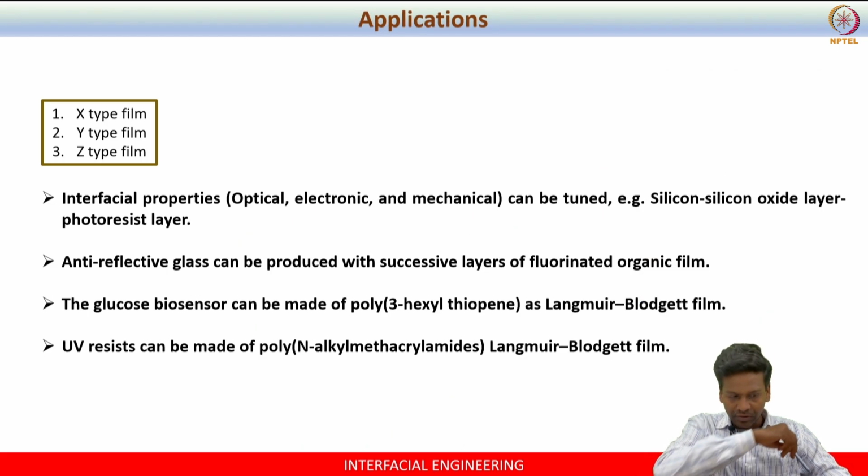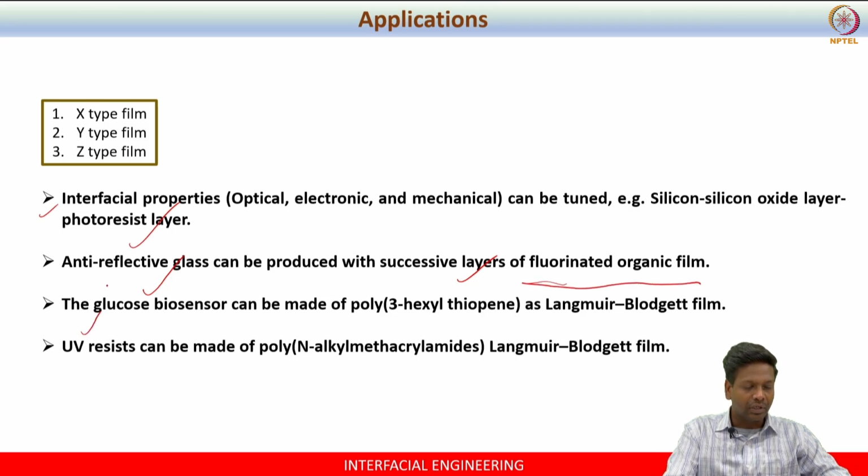As I have listed here, LB can be used for several applications ranging from interfacial property to anti-reflective coating. If you want to prepare anti-reflective glass film, you can use LB with this fluorinated organic film.